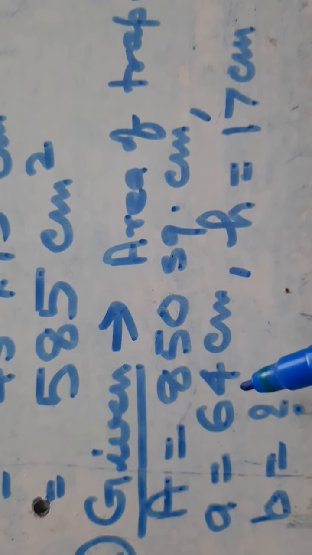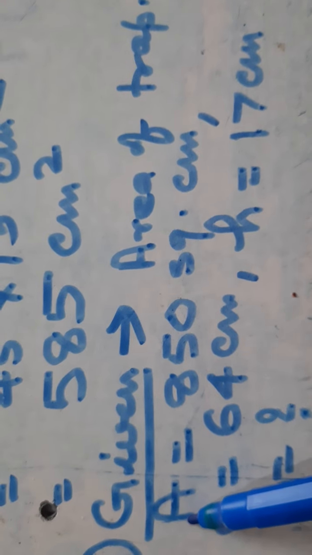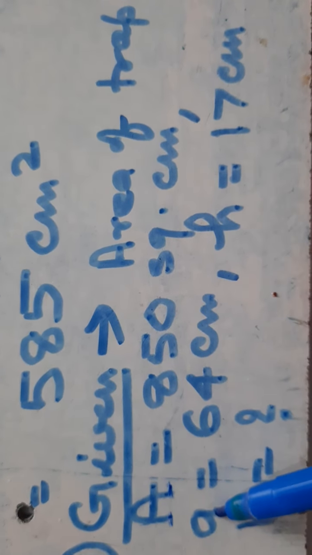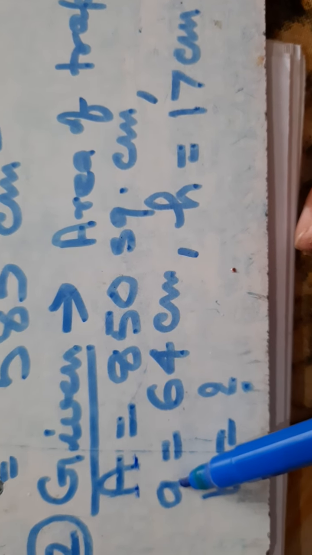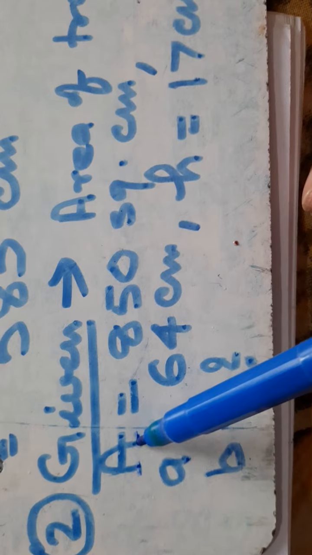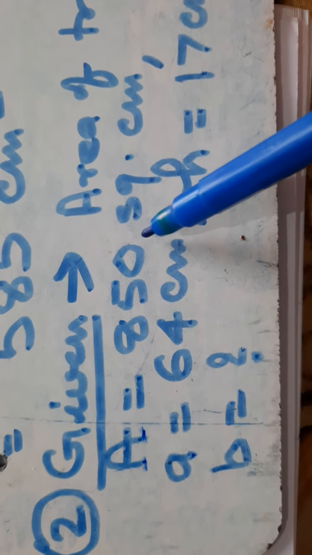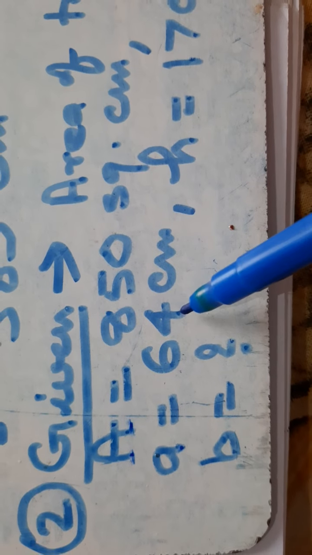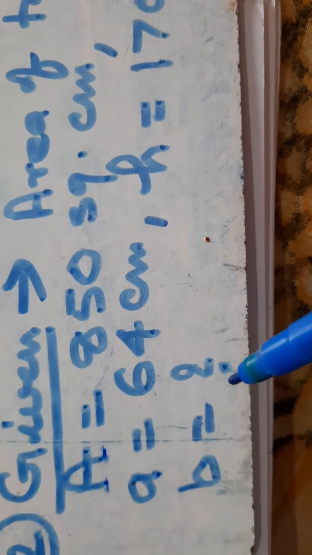For area we use capital A and for length of parallel sides we use small a. So A is equal to 850 square centimeter, small a is equal to 64 centimeter, altitude h is equal to 17 centimeter. b is equal to how much?